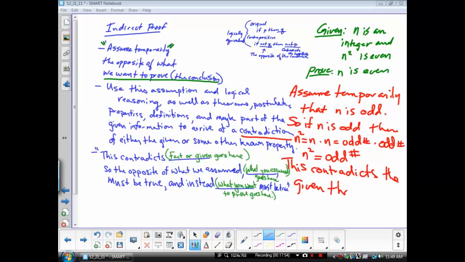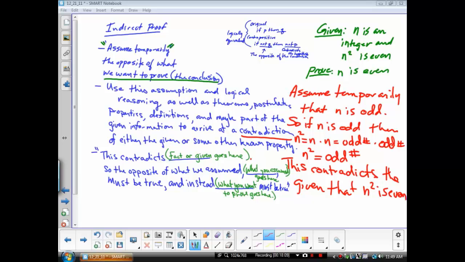There you go. That's magic. So we have stated this first part: this contradicts the given that n squared is even.